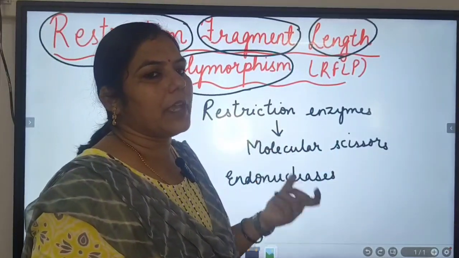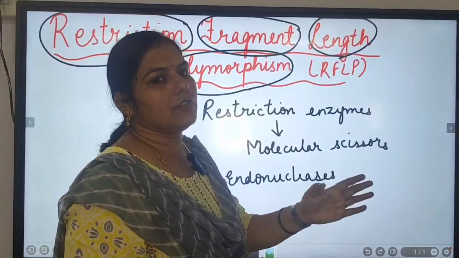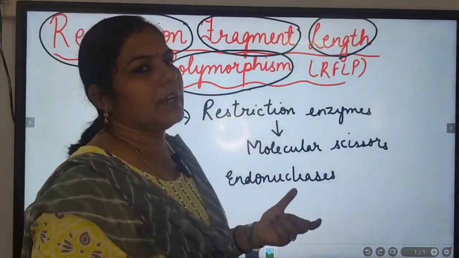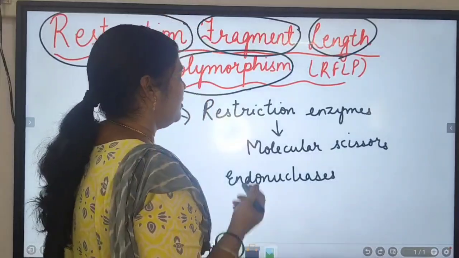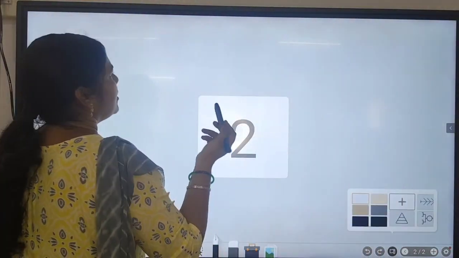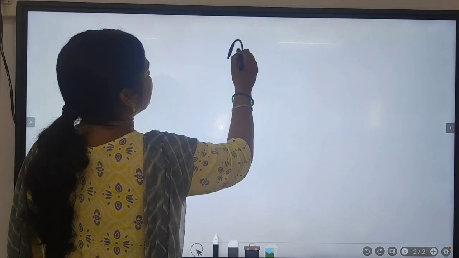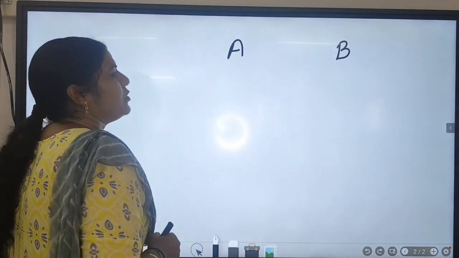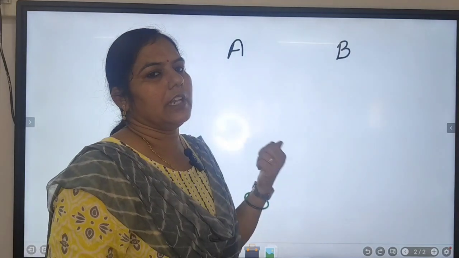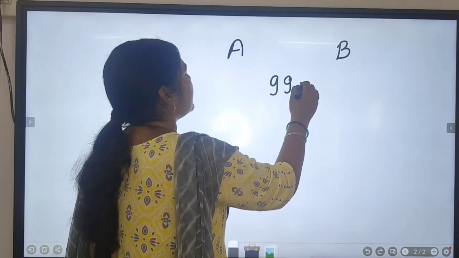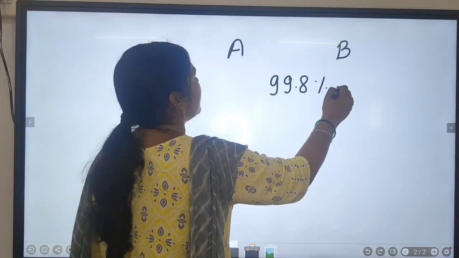And when we compare these with other individuals, then the number of fragments or the length of the fragments will be different. So let us first see what happens. If we say there is an individual A and there is an individual B, in humans we have 99.8% similar DNA.